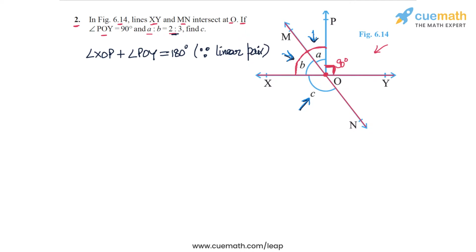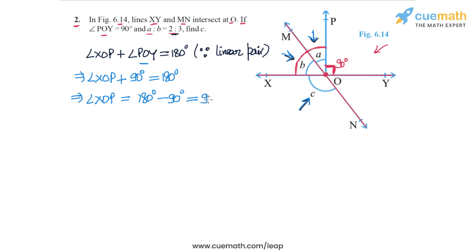Now we know that angle POY is 90 degrees. So this means that angle XOP plus 90 degrees is equal to 180 degrees. And from here we get angle XOP as 180 degrees minus 90 degrees, or 90 degrees.